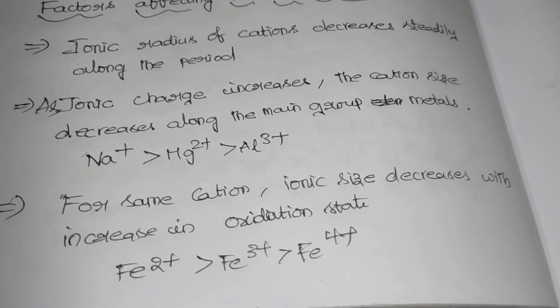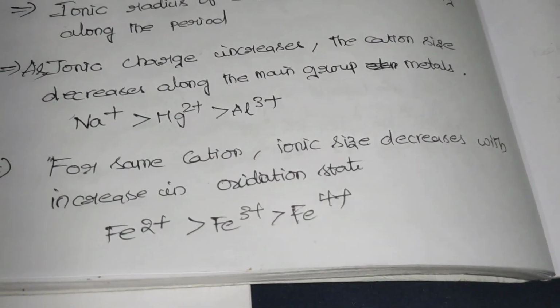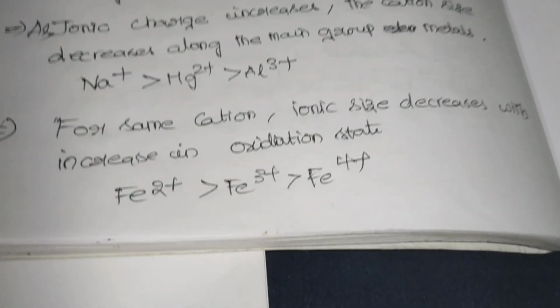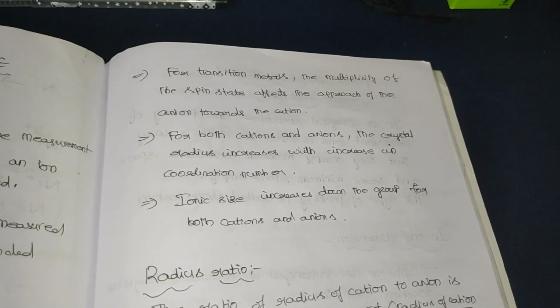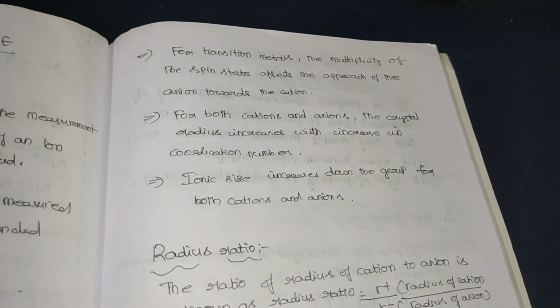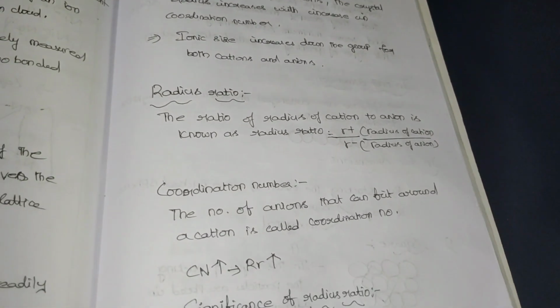As the charge increases, their size decreases. In the same cation also, as the oxidation state increases with the charge, the ionic size decreases. And for both cations and anions, with increase in coordination number, the crystal radius increases, the size increases. So these are the factors.